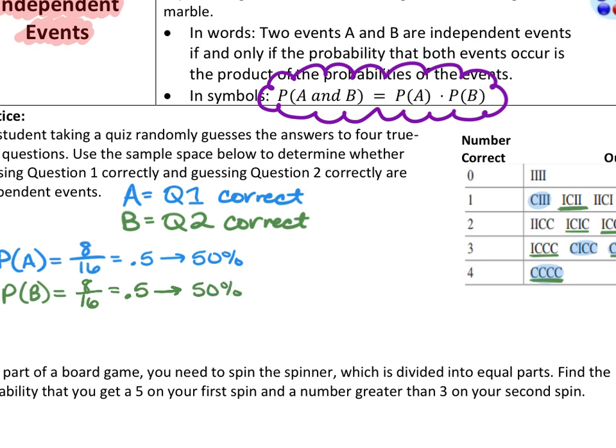Now, we've done all of this to help determine if these events are independent. For it to be independent, we also need to find 2 things. Looking at the table, we need to find the probability that A and B occur at the same time. So can you look through your sample space and find the number of times that both the first letter was C and the second letter was C?